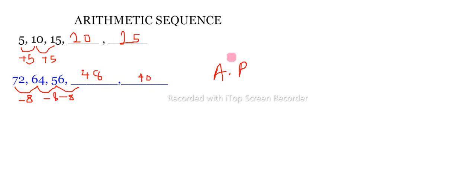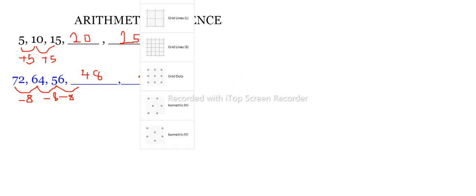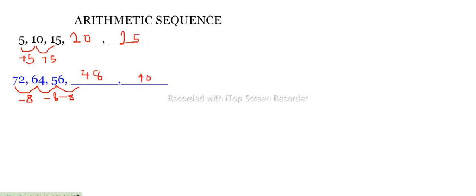If it's an arithmetic sequence, the term we keep adding, we call it a name. The term we keep adding, we call it the common difference D. What did I say? Common difference D. So the term we keep adding, either the positive number or the negative number, we call it common difference D. We use the letter D to denote that.